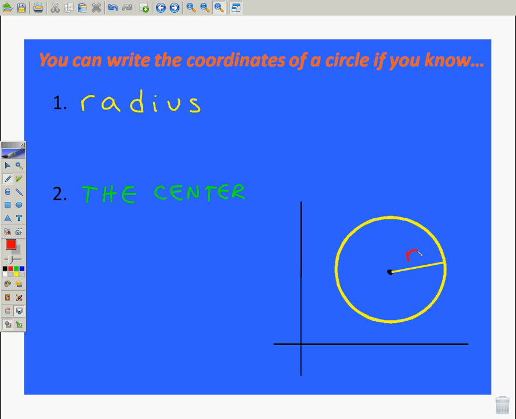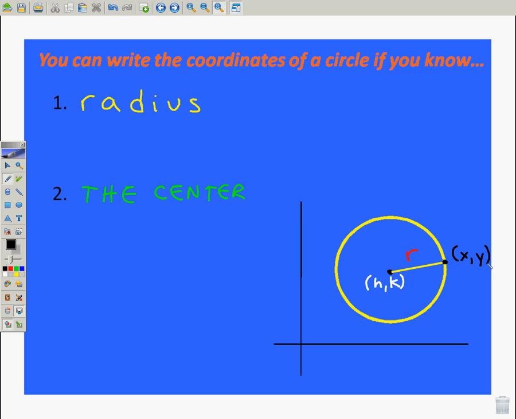And also that middle point is going to be H, K. We're just giving it definite points. Whatever it happens to be, the middle is H comma K. Okay? And this point where it intersects the outside is going to be just some point X, Y.